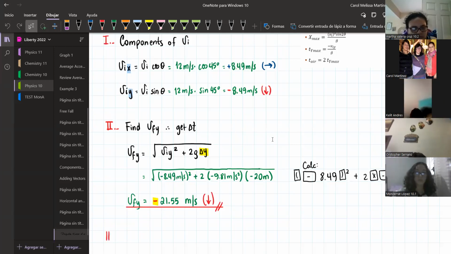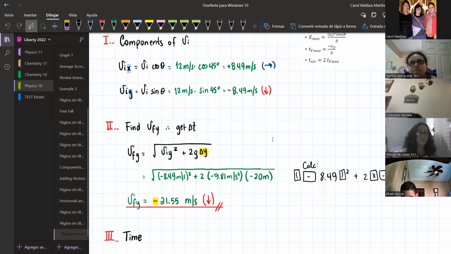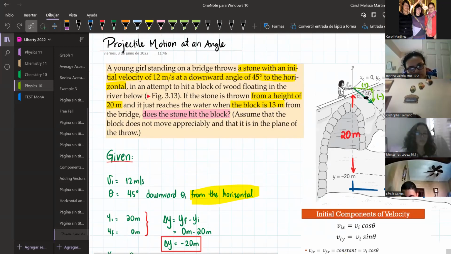Yes, Valeria? Miss, in this exercise is it obligatory to draw, right? In the quiz or in the classwork, I will provide you with a picture, but yes, it is important that you put the information in the picture like I did here.